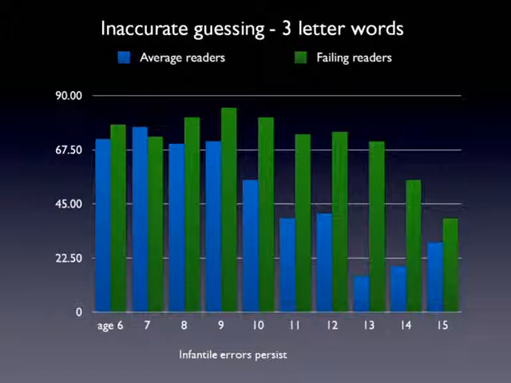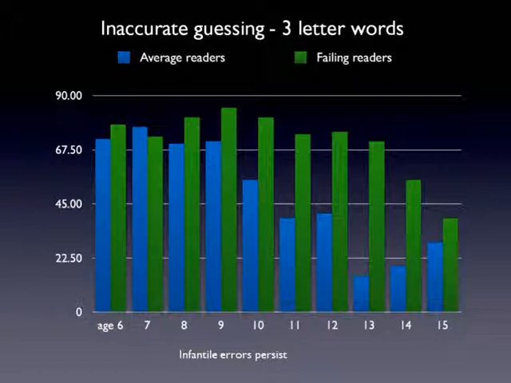If you look at these green bars, look at the age of 11. About 70% of failing readers are still repeatedly making errors in the middle of words with 3-letter words. I'll repeat that, 3-letter words. Frequent errors. Even the average children are also making these kind of errors.